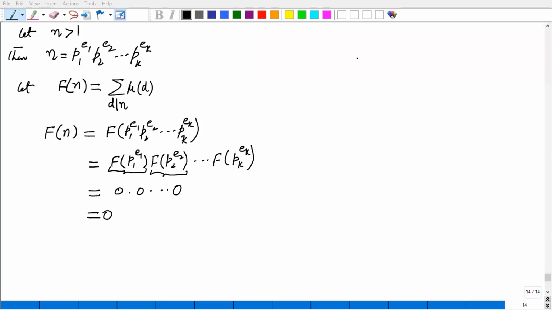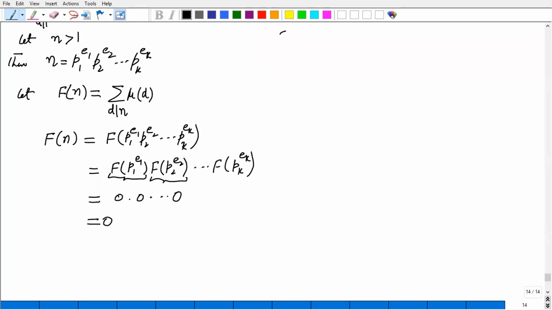Okay, look at the example here. The sum over the divisors of 18 of mu d. Okay.